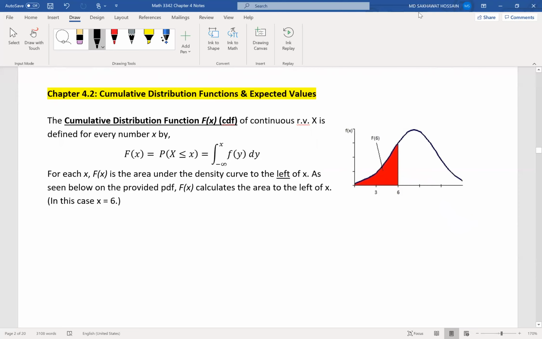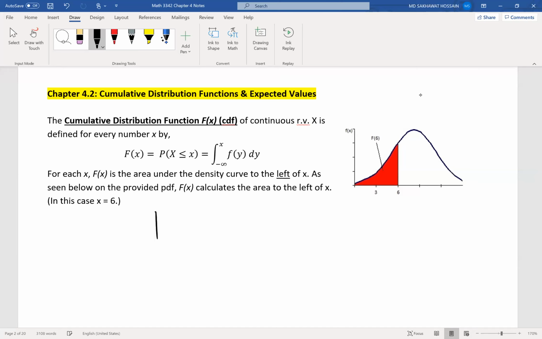Okay, if you do not have any question, then we'll move to the second section of this chapter, which is the cumulative distribution function. For discrete random variables, you already know how to calculate the cumulative distribution function, and what the density function or mass function is. The cumulative distribution function will give you the cumulative probability.